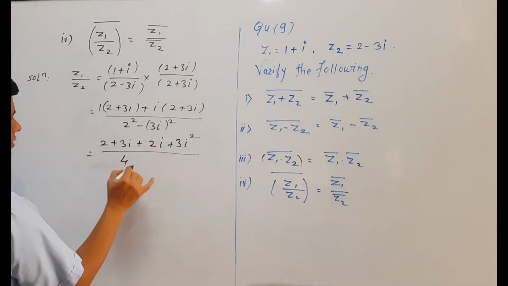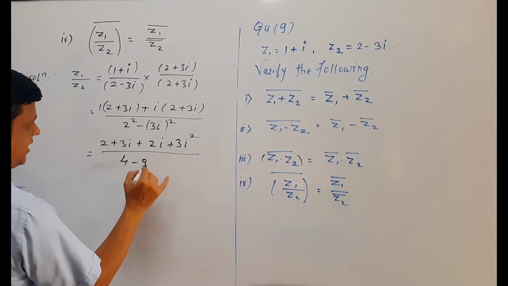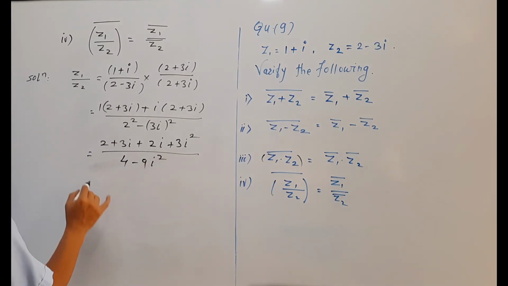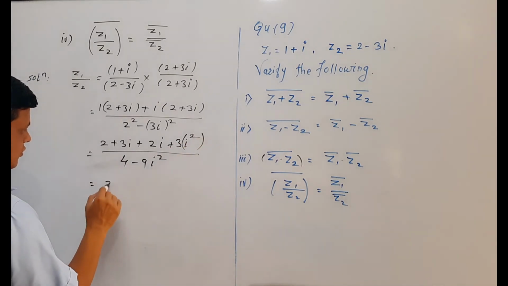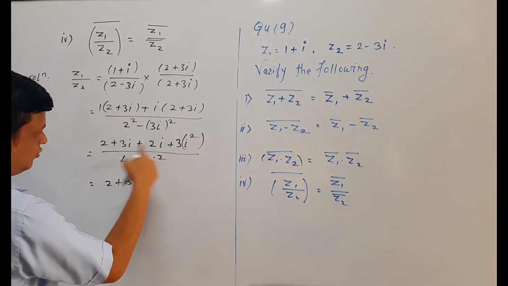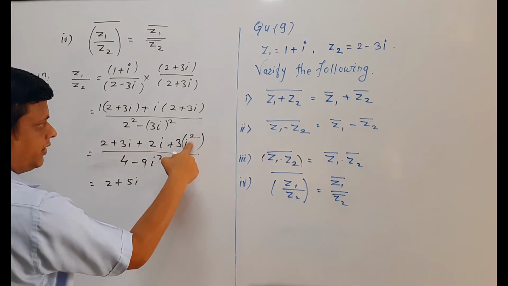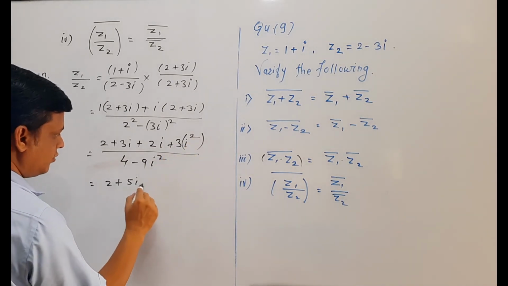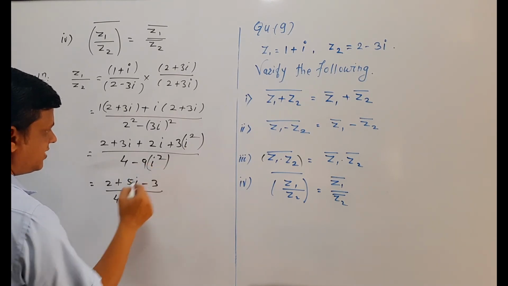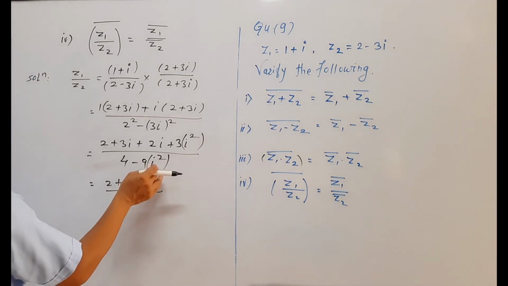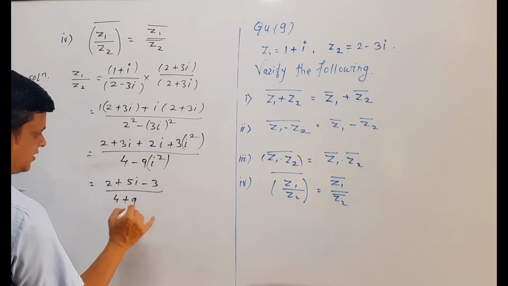2 square is 4 minus 3 square is 9 into i square. Then we replace this i square by minus 1. So 2 plus 3i plus 2i, we get 5i. When we replace i square by minus 1, we get minus 3 in the numerator, and in the denominator, minus minus gets plus, so 4 plus 9.